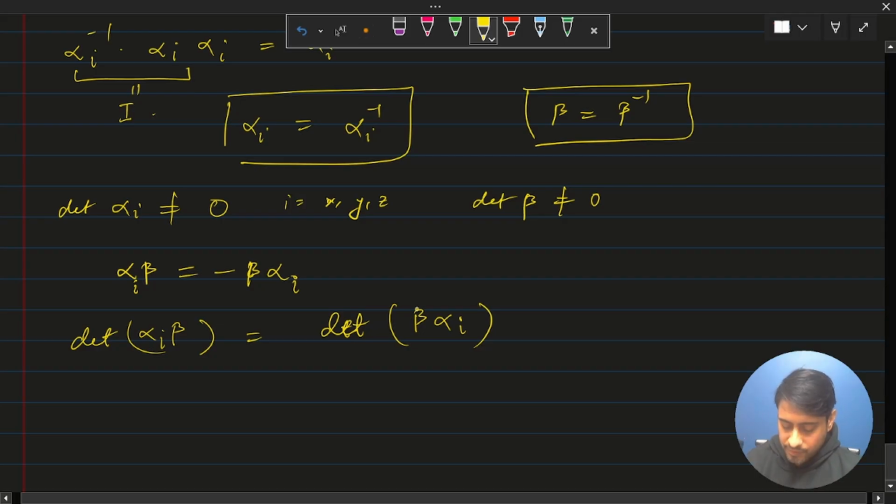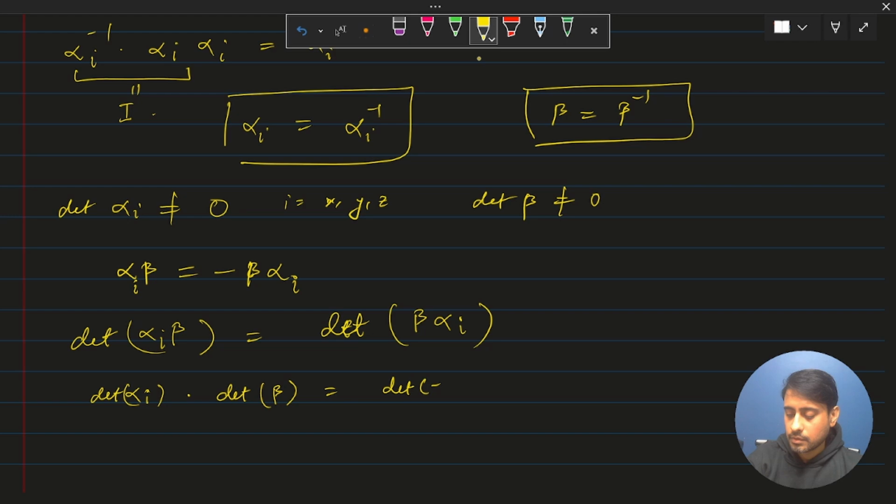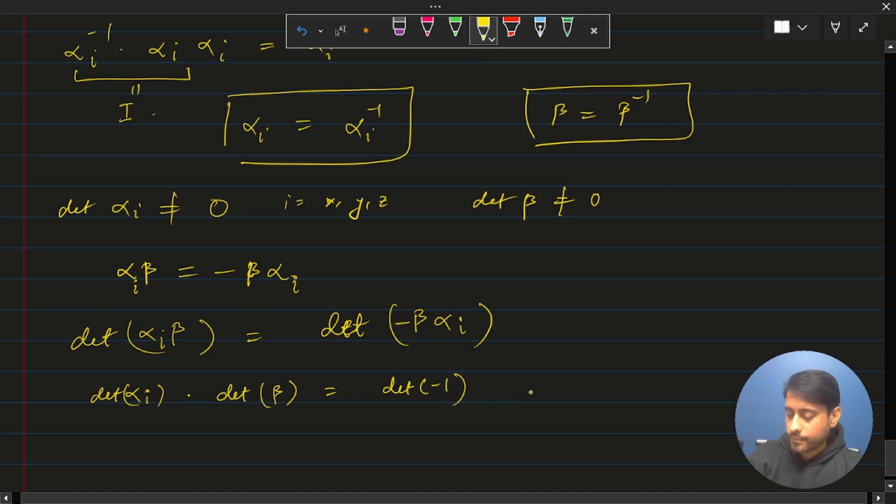So you can write it as the determinant of alpha I into determinant of beta is equal to determinant of minus 1 going into determinant of beta, and then determinant of alpha I. So now it's very clear that these two terms should be cancelled out.